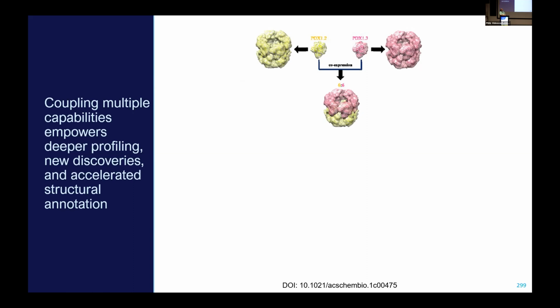So here you can see in yellow a pseudoenzyme. This is a protein that naturally forms into a dodecameric barrel. But this is a protein that is an inactive form of PDX1.3, which is an active enzyme. The two of them are so similar, they only differ by 200 Daltons at the monomeric level.